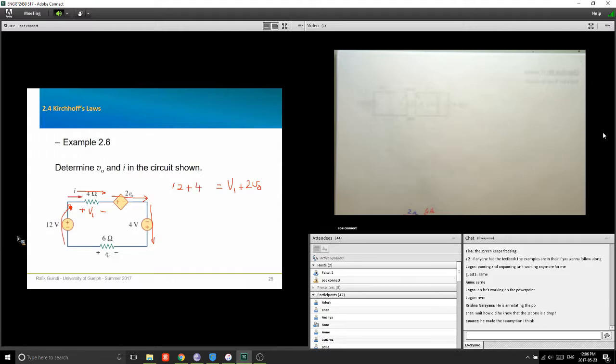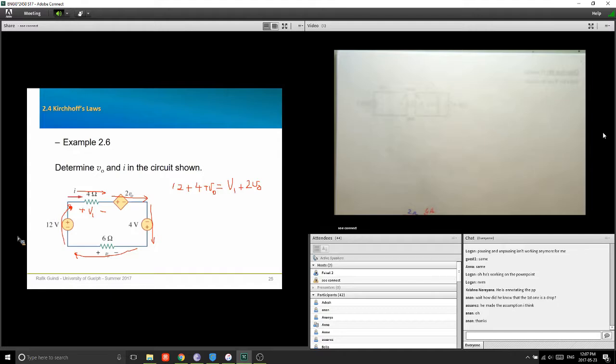And then finally, I'm going here. That's a rise again from minus to plus. Okay? So that's going to come here: plus V naught. Okay, so now I have an equation which has V1 and V naught. So what do I have?